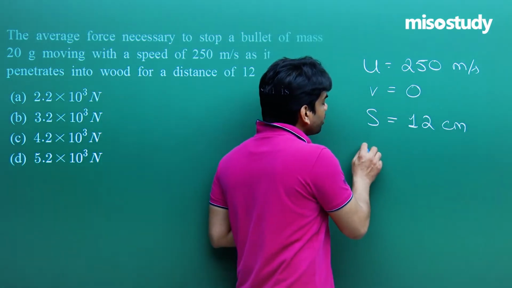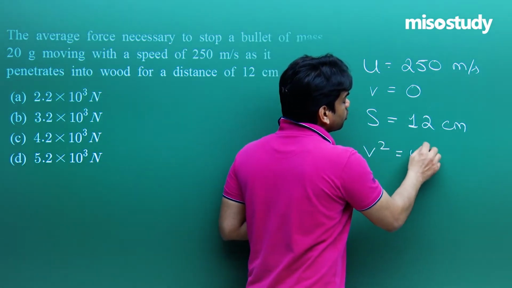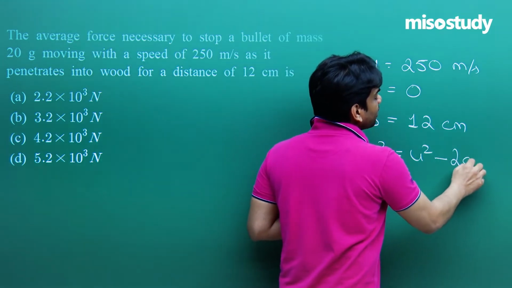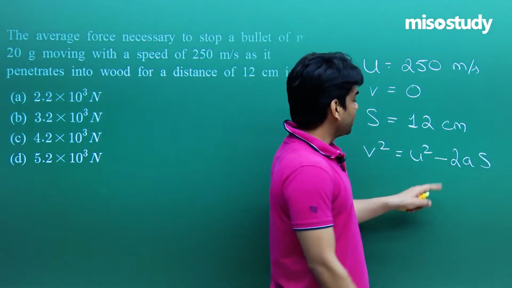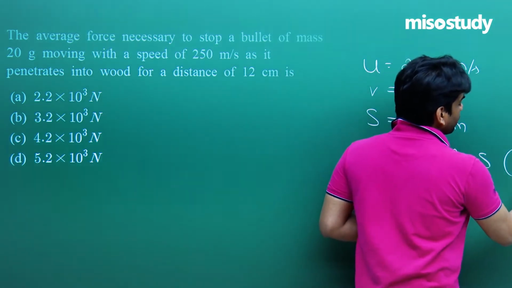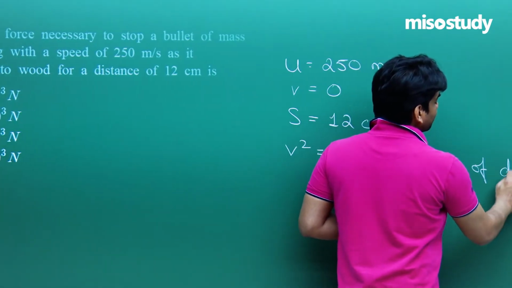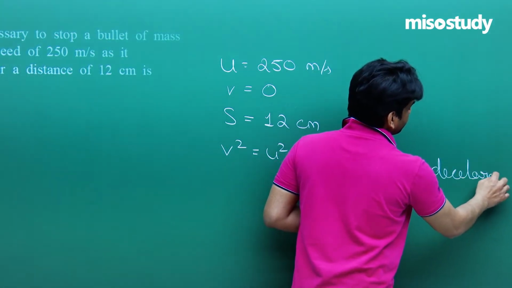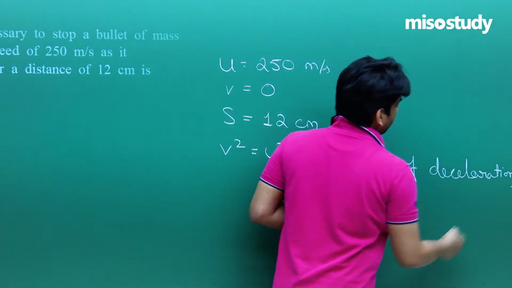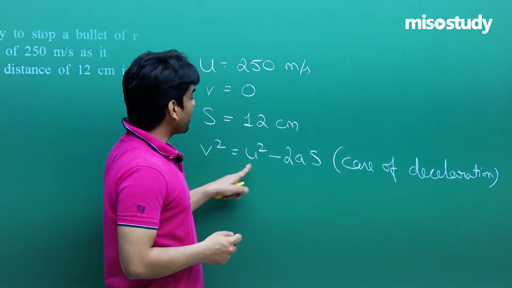Now we all know that we can use V square is equal to U square minus 2as. Why am I using minus? Because it's a case of deceleration. So remember, it's a case of deceleration. That's why we are using minus 2as.